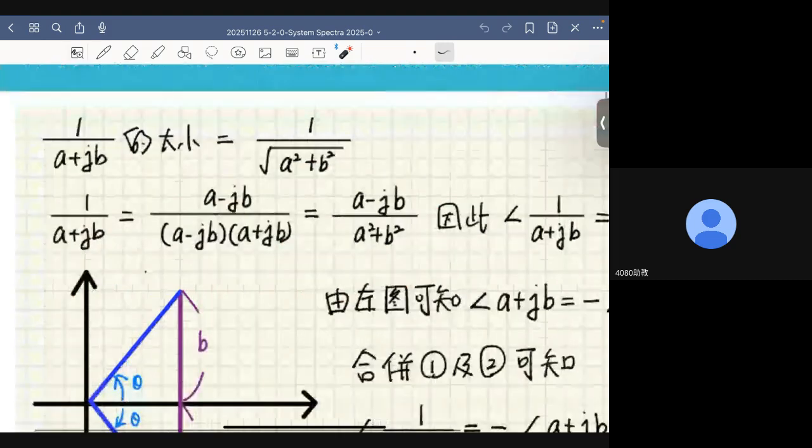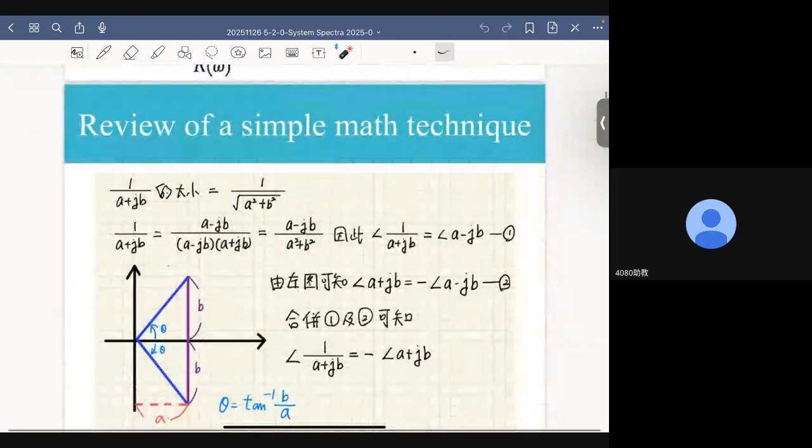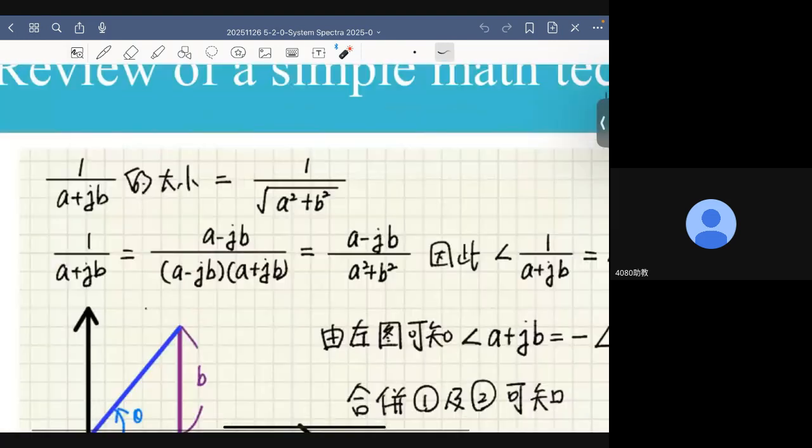Now, the trick here is, what is the angle of this complex number? To do that, the first thing we need to do is multiply the denominator as well as the numerator by A minus jB, which is the complex conjugate of the denominator.